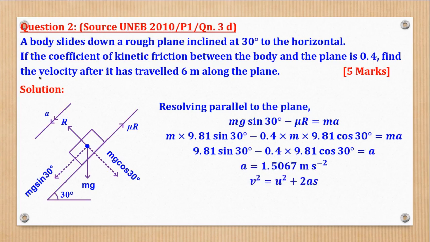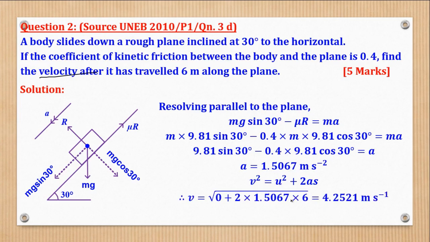So they wanted velocity also. So for velocity we shall use the third equation of motion since we know the acceleration now, we know the distance, and we know the initial velocity, which was 0. So we can get the final velocity.